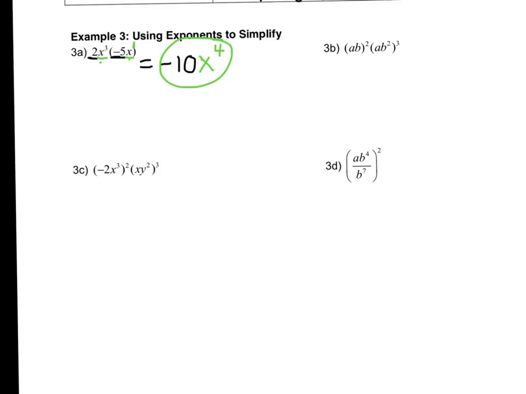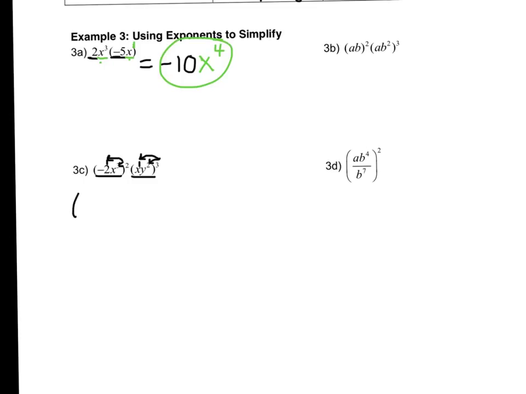I will do 3c with you, and you can try 3b. So on 3c, I have all of this inside parentheses with a little 2 outside. That means I need to distribute the 2 to all the exponents inside, including the exponent on the 2. And over here, everything inside here, there's the little 1 on the x, is going to be multiplied by the 3 out there.